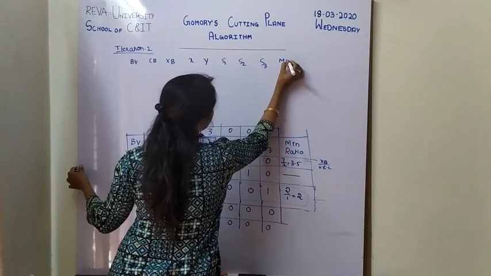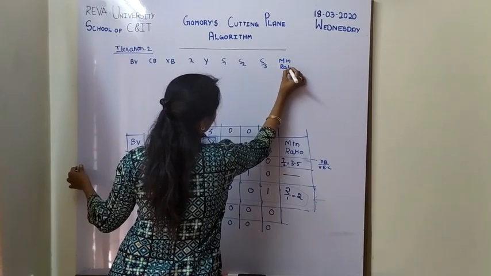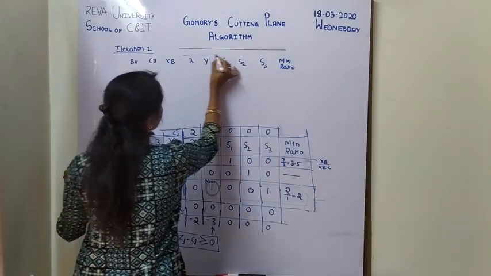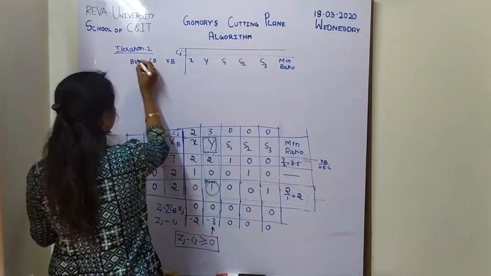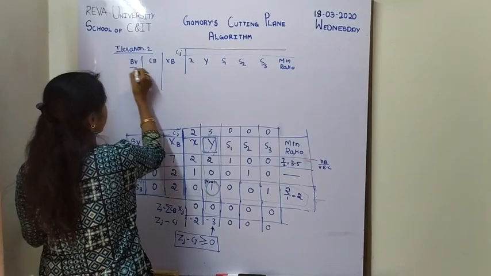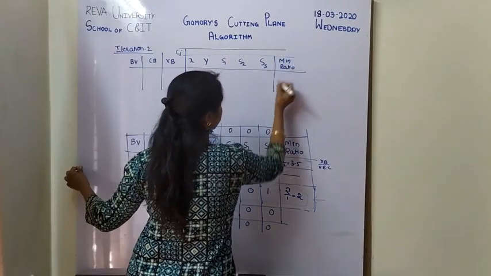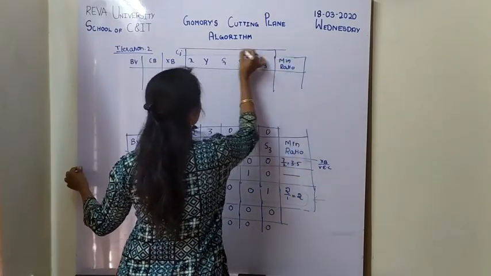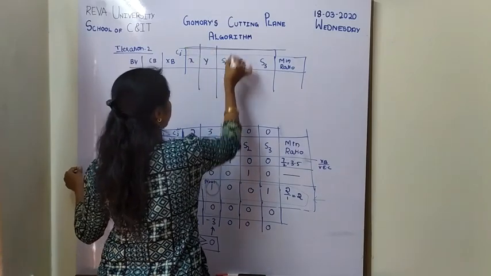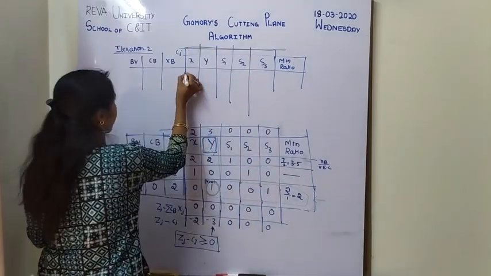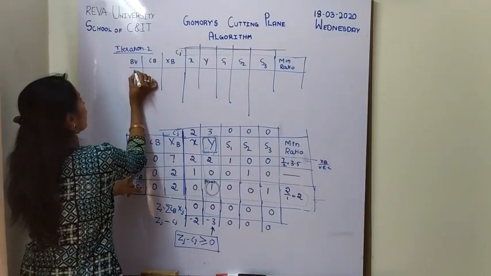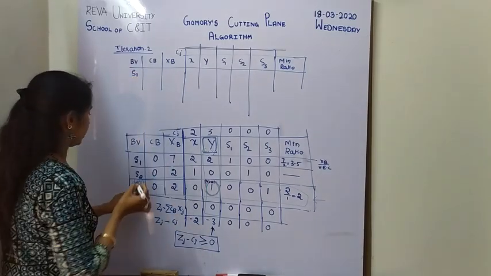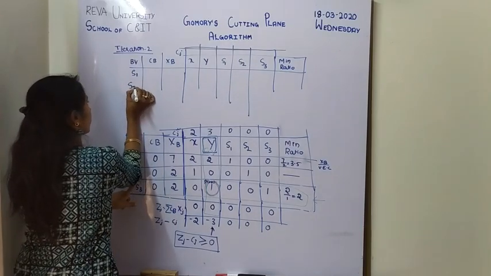This is the minimum ratio. And here we have our CJ values. BB, CB, XB, X, Y, and these are our minimum ratio. And now the S1 row I have to write, S2 variable also I have to write.